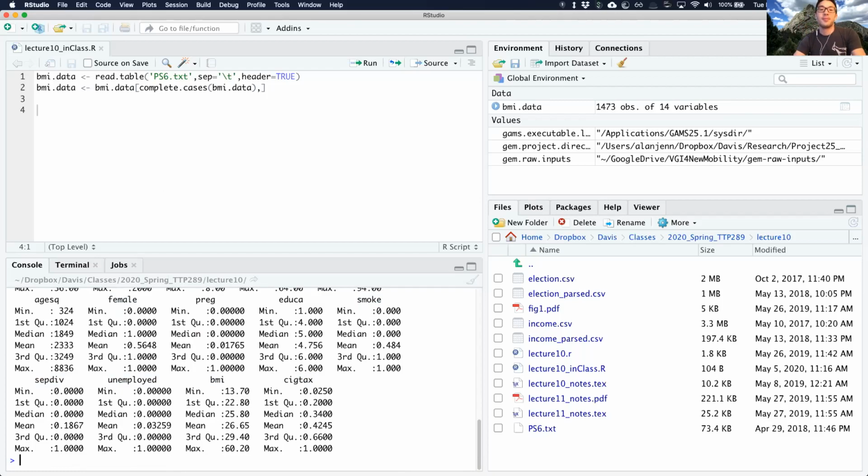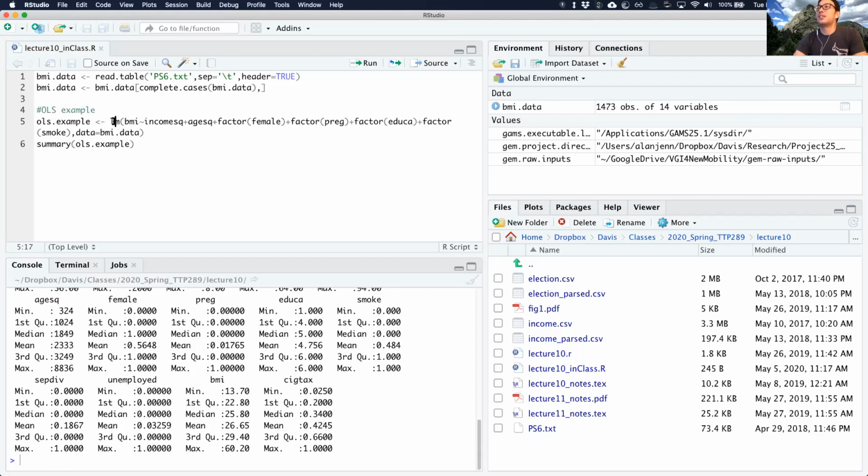Okay. So the first example that I'm going to look at is our standard linear regression, ordinary least squares.